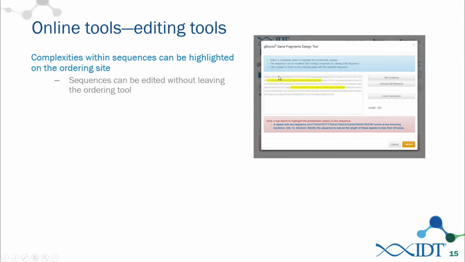So this is an example of what the tool looks like. There's a rule violation here. There's a large repeat sequence that is present here. It identifies where the repeat sequence is, and it allows you in this window to edit the sequence.